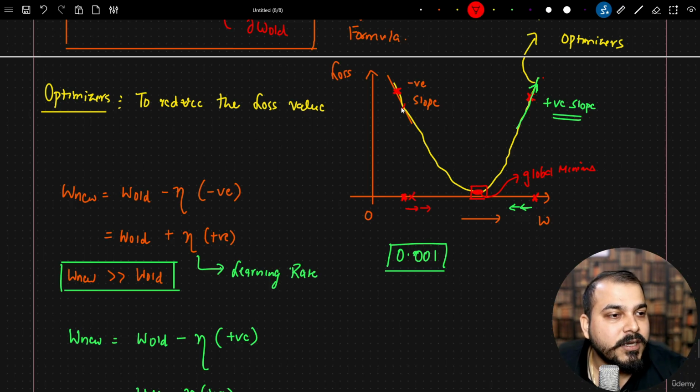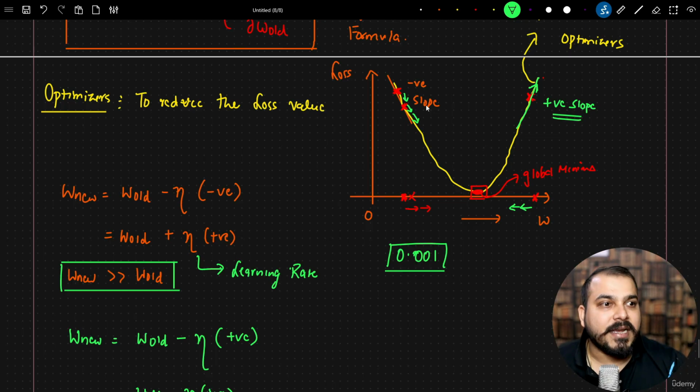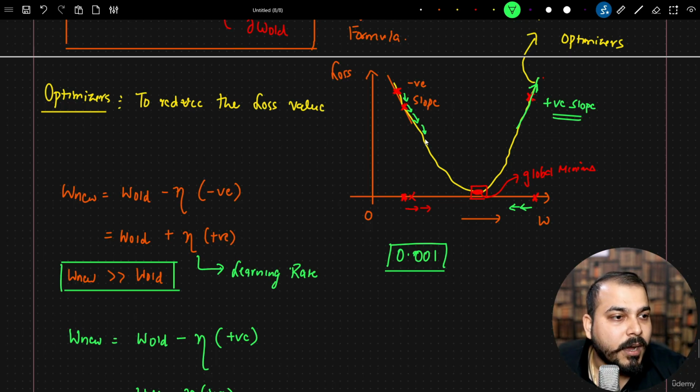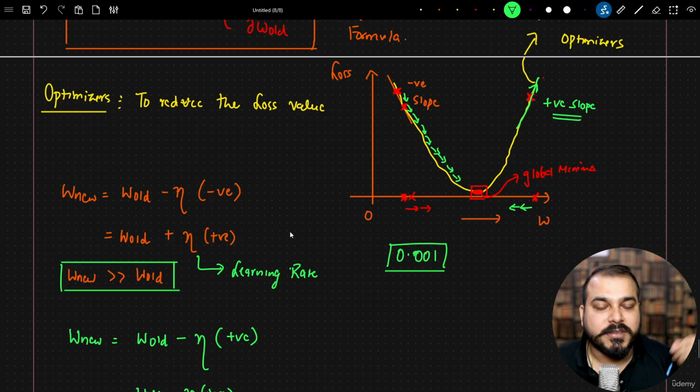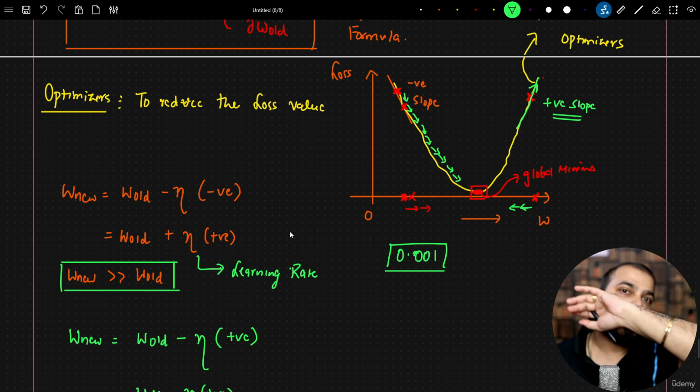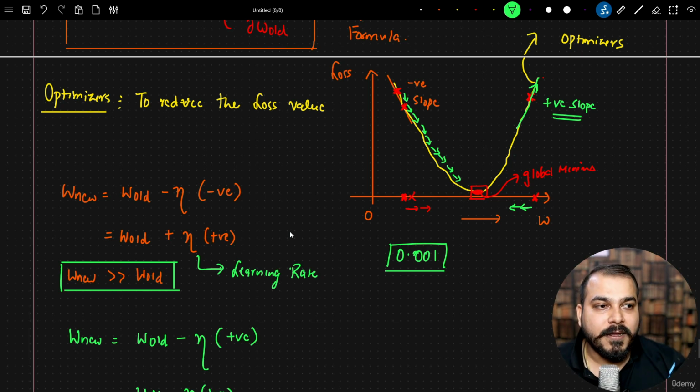And with respect to this, my new loss will come over here. So this learning rate decides the step size towards this global minima, how fast it really wants to converge, right? Because it will be a continuous iteration process, right? We need to continuously update the weights because we are doing the backward propagation. Then again, we'll do the forward propagation like that, right?